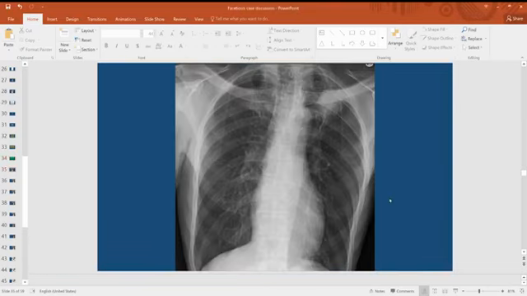My case discussion today is about a patient incidentally discovered with a lesion on chest X-ray.